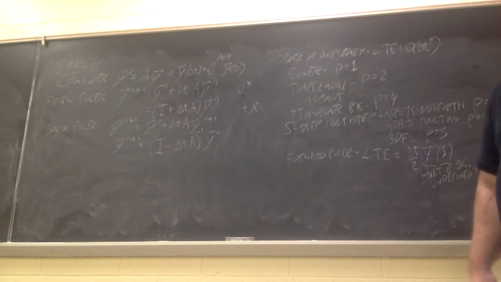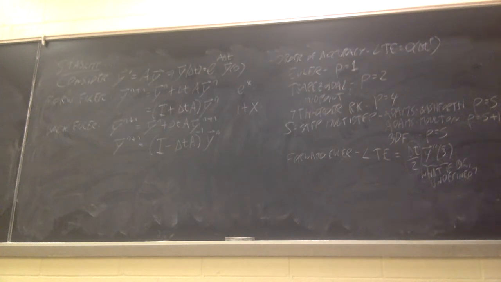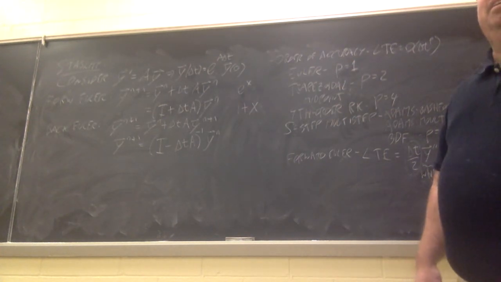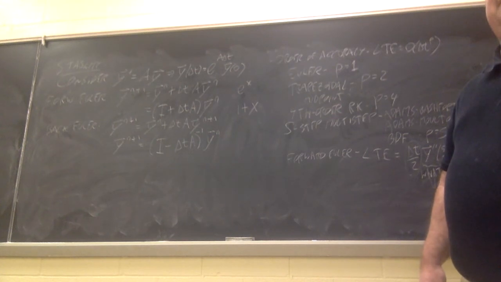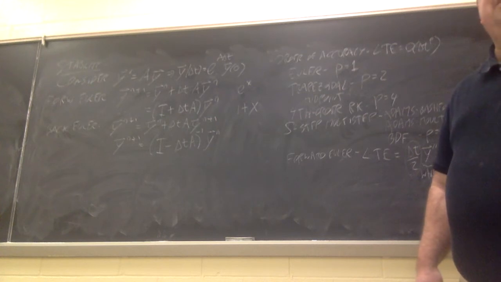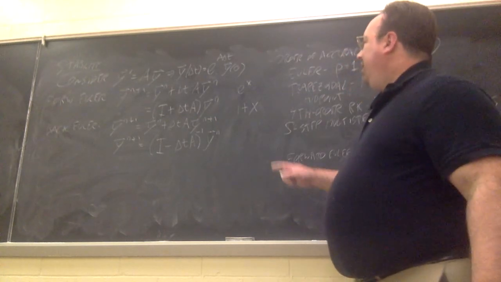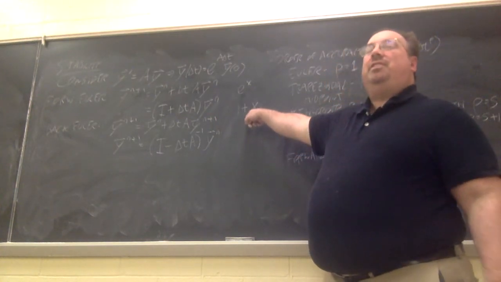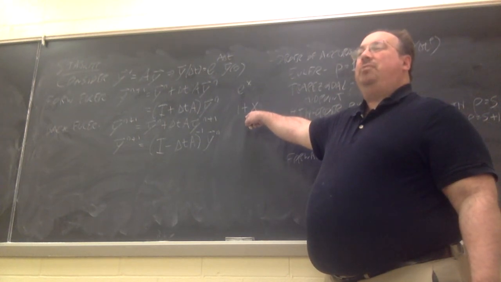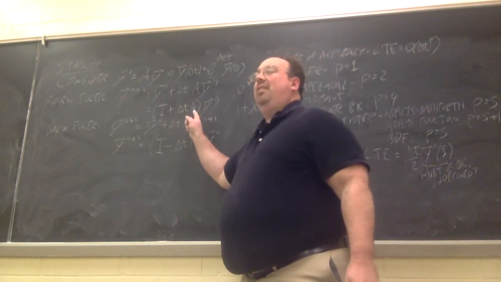Or if I want to approximate e to the x around x equals 0. Taylor expansion. Yeah. These are the first two terms of a Taylor series for the exponential, and that's what we have here.